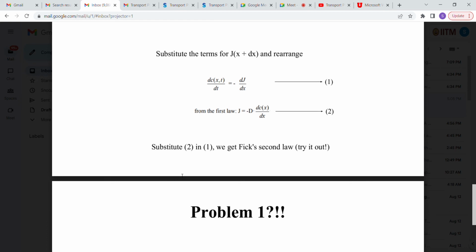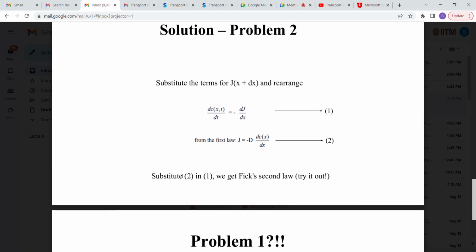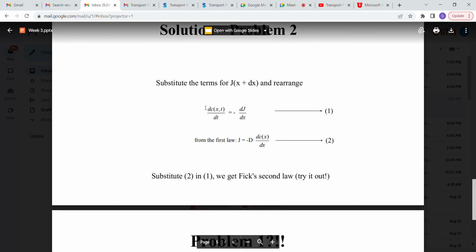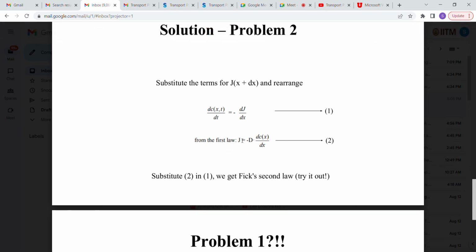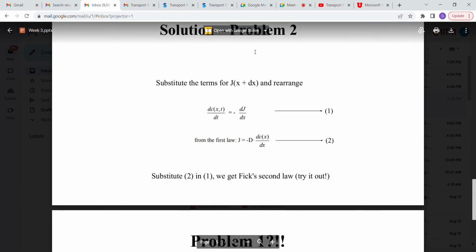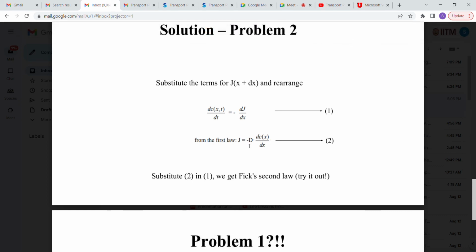If you don't understand this equation 2, you won't be able to go through either problem 2 or problem 3. So I suggest you look at lecture 2 before trying to understand this, because in lecture 2 I gave you enough intuitive understanding of what this equation means. In fact, we built up a good part of the presentation based on the first law.